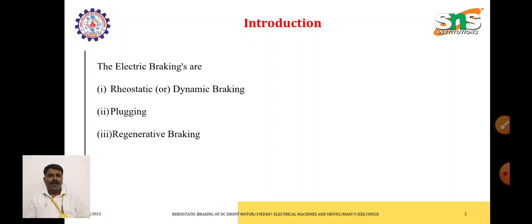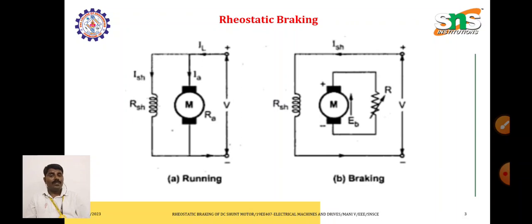In electrical braking, there are three types: one is rheostatic braking, the second one is plugging, and the third one is regenerative braking. These are the three different types of electrical braking which we apply to bring the motor to the initial position or to control the speed of the machine.